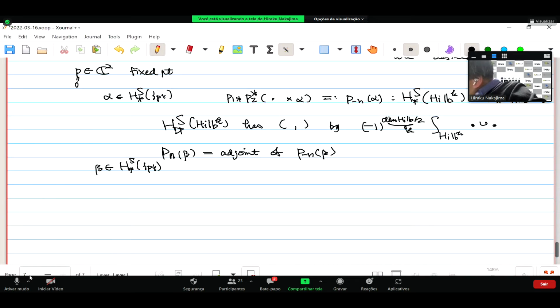Then this is a map in the opposite direction, from H star of S of the scheme of K plus N points to H star of S of the scheme of K points. Okay. And this P minus N is the creation operator, and this is the annihilation operator.